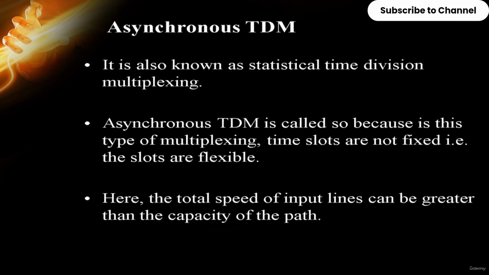Next is asynchronous time division multiplexing. It is totally different from synchronous time division multiplexing. In asynchronous time division multiplexing, time slots are not fixed; the slots are flexible. The total speed of input lines can be greater than the capacity of the path.